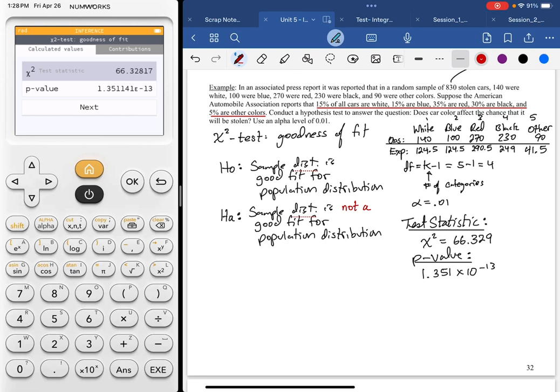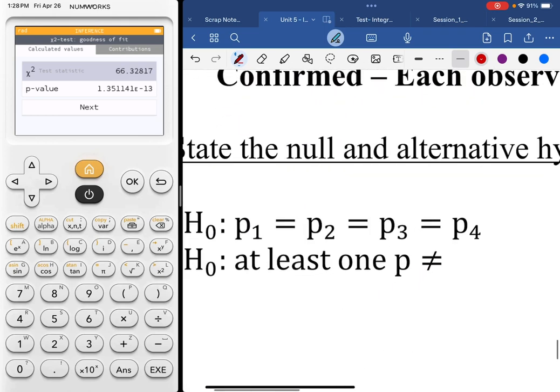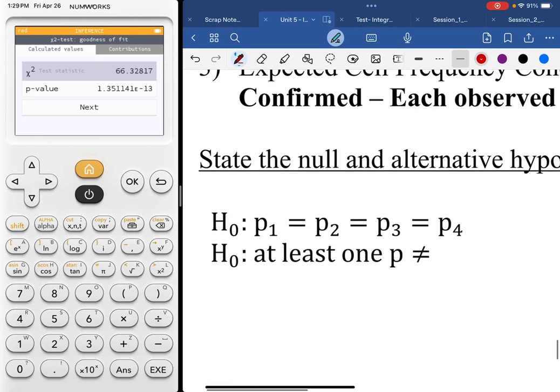In that case, I would write my null and alternative hypotheses as what you see here, just with P1 equals P2 equals P3 equals P4 equals P5, right? So this is nicer to write, but it's not necessarily relevant in all cases, right?